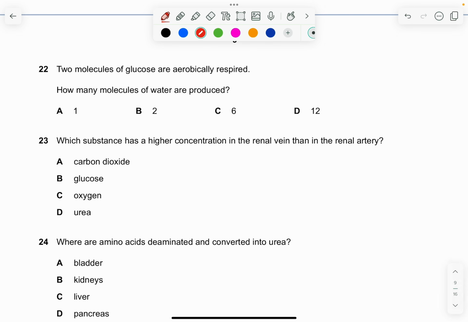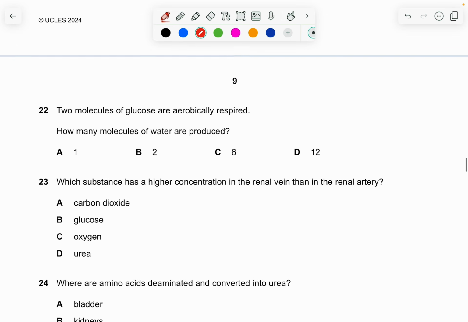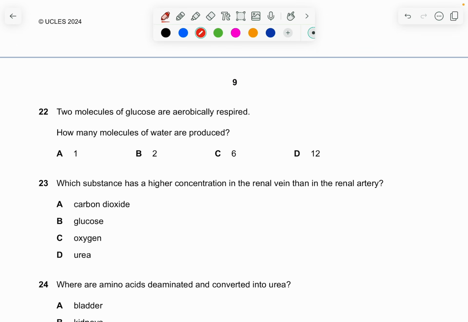Question 22. 2 glucose molecules are aerobically respired. So how many molecules of water are being produced? So this is a bit challenging. But first of all, let's write down the equation. So we have C6H12O6 plus 6O2.